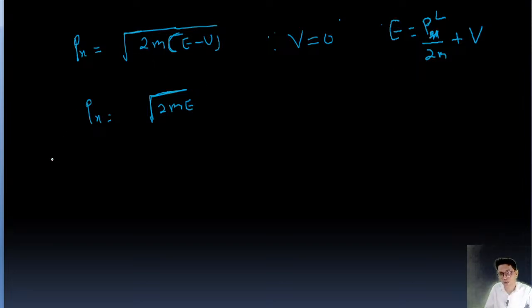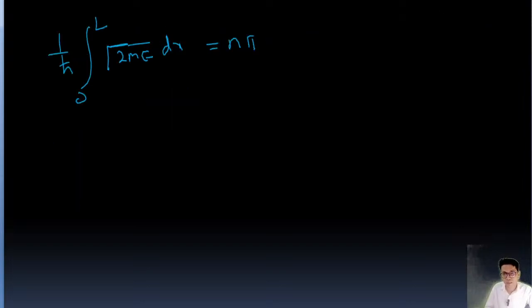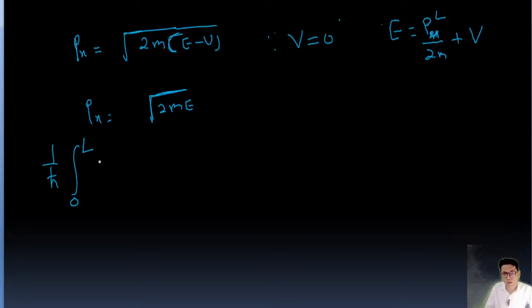V is 0, so the value is going to be 1 upon h cut integration 0 to L root 2me dx equal to n pi, right?